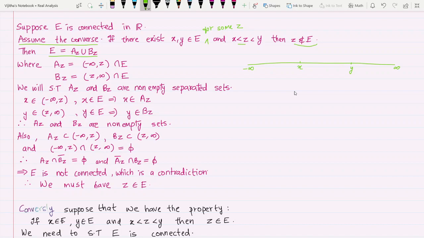So we are defining the set A_z to be minus infinity to z.